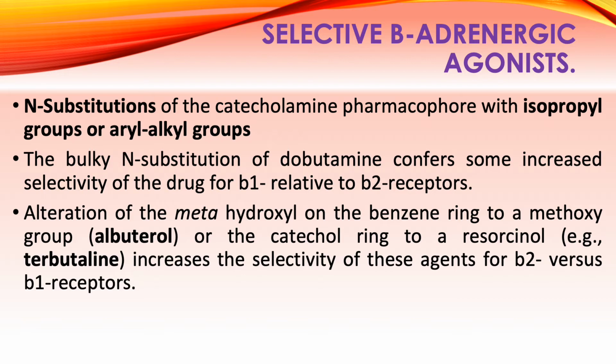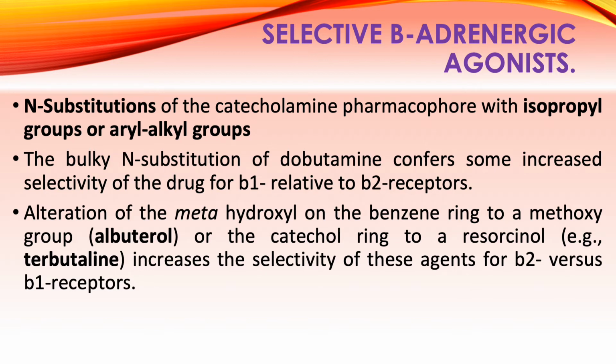Via beta 1 receptor stimulation, it leads to increased myocardial cAMP, which increases the opening of our L-type calcium channels and our intracellular calcium. Therefore, it creates an enhanced contractility of our heart that is helpful for acute heart failure.